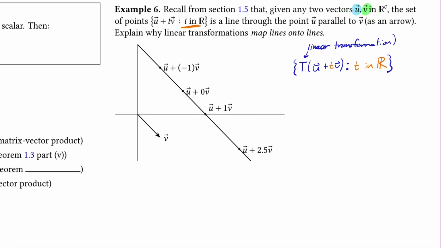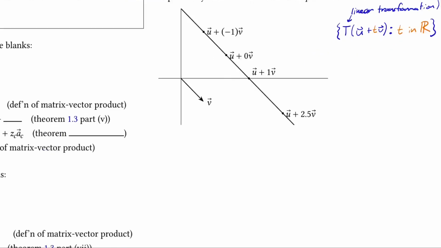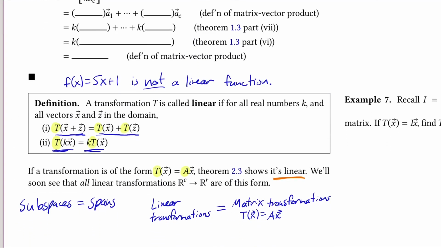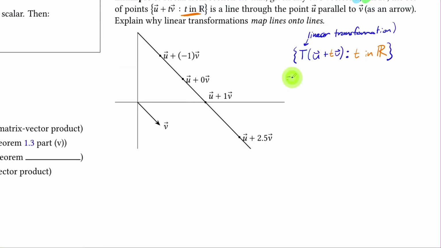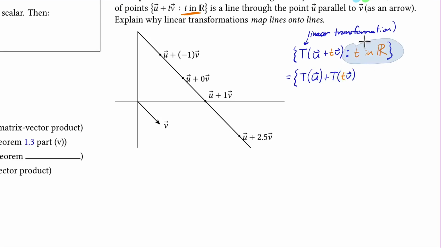Well, because T is a linear transformation, it has the distributive property that goes with it, property 1. So we can say this vector is the same as big T of u plus big T of little t times v, such that t is any real number.